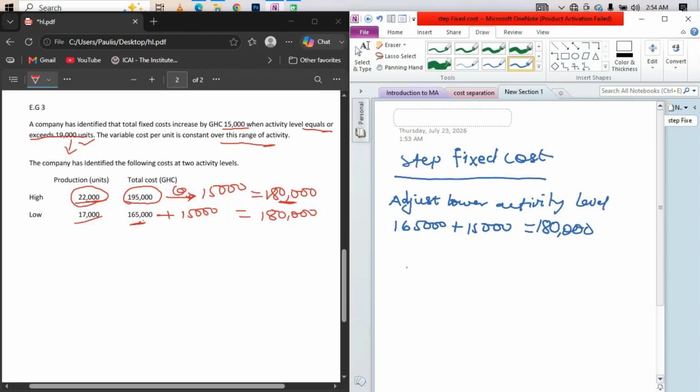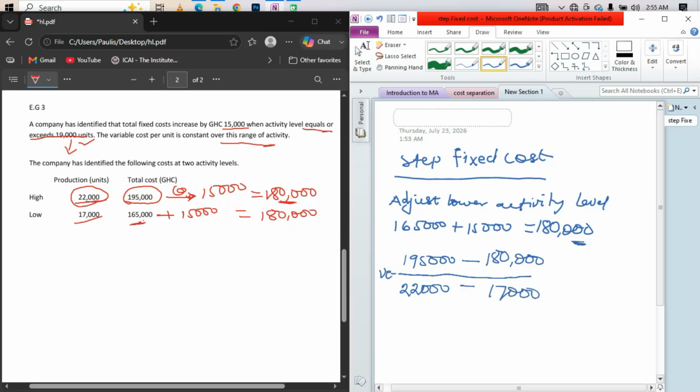So when you come back to the question, the highest activity level, the cost is 195,000 minus the low activity level. Now the low activity level will be what? 180,000. Then divided by high activity level, which is 22,000 minus 17,000, and this one will give us the variable cost.